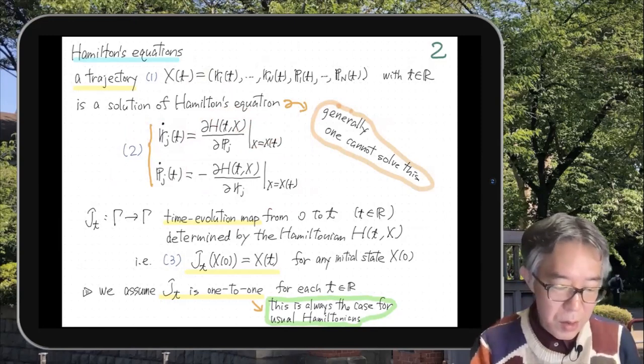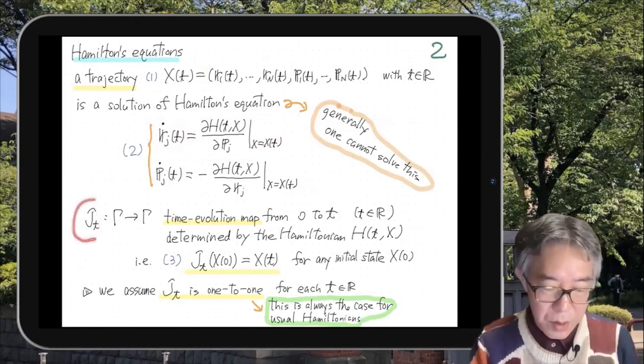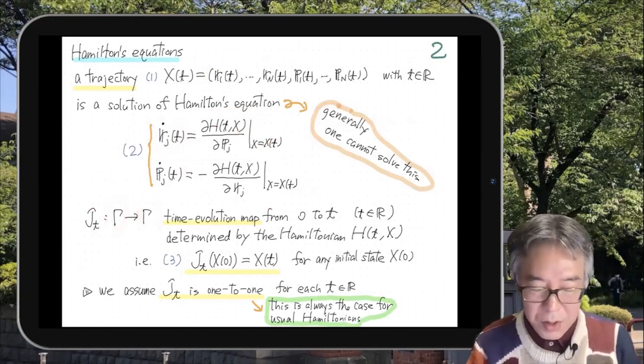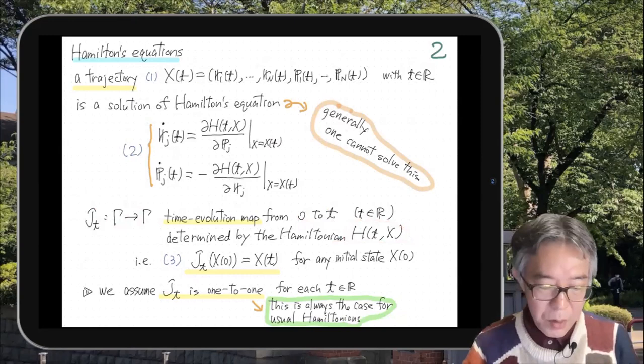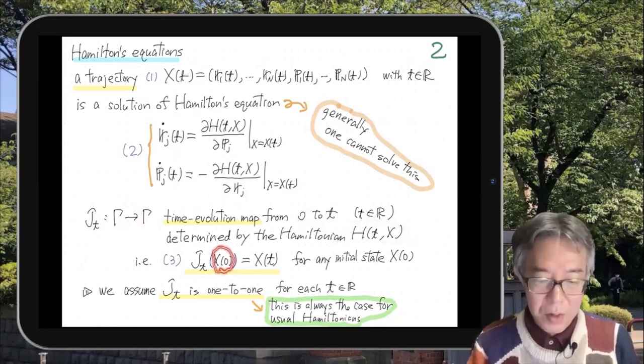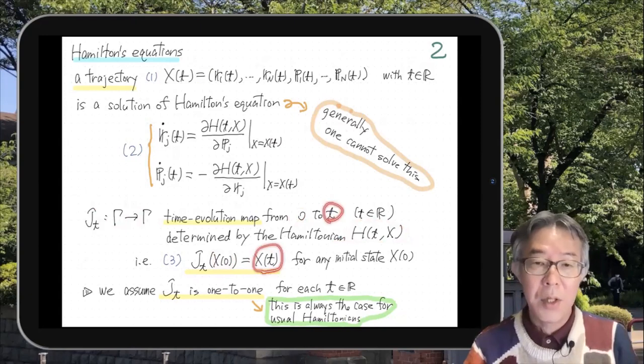And this T_t is a very important object that we call the time evolution map. It's a map from this phase space to phase space, and it describes the time evolution from 0 to t, determined by a general Hamiltonian H(t, X). And what it does, it simply maps any initial state to the final state. By initial state, I mean the state at time 0, and by final state, I mean the state at time t.